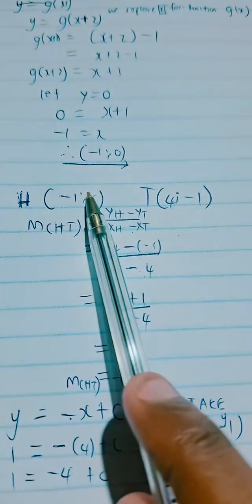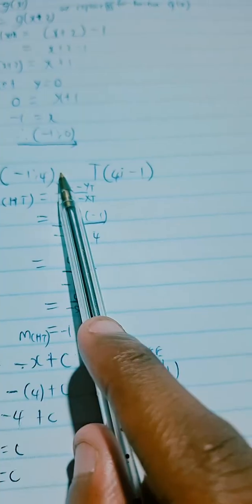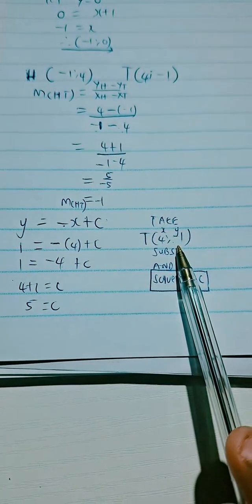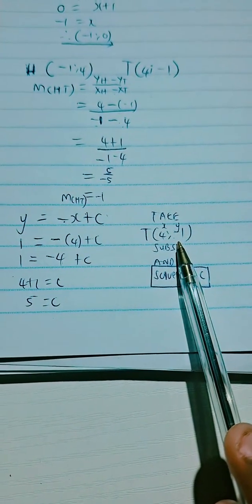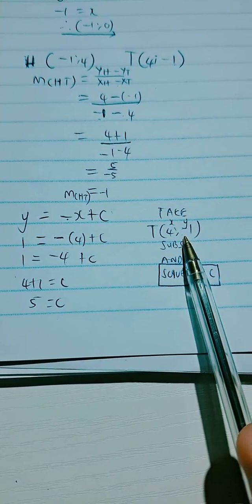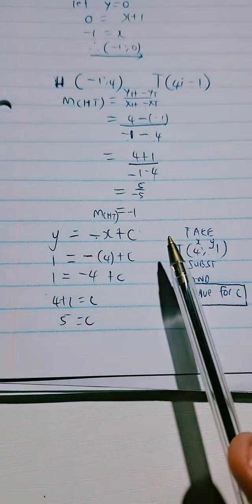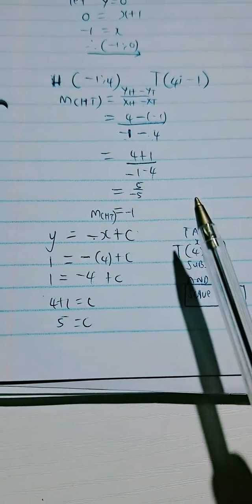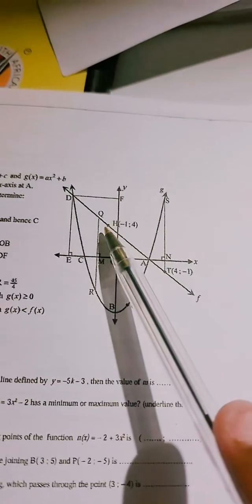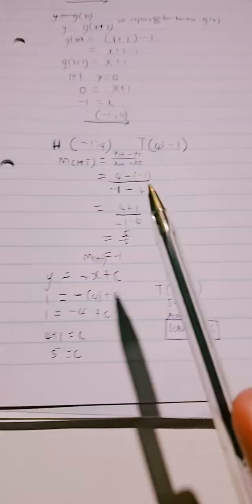So h, we did say, is negative 1 and 4. T is 4 and negative 1. So very quickly, go check my equation. Maybe it's not up to scale. Yeah, it should be less than 4, but positive. That's the logical sense that's made here. It should be less than 4.